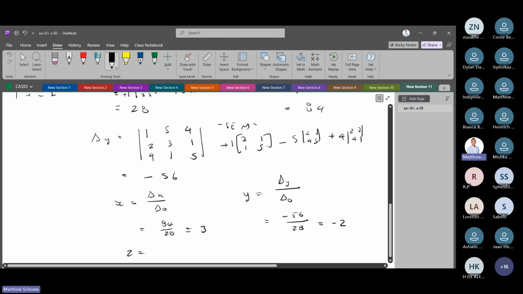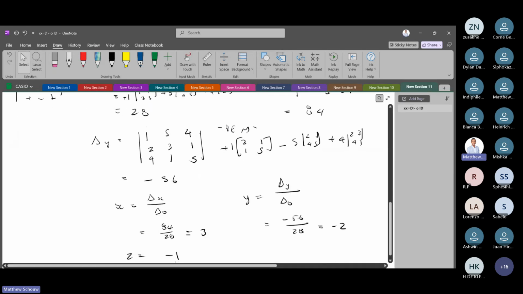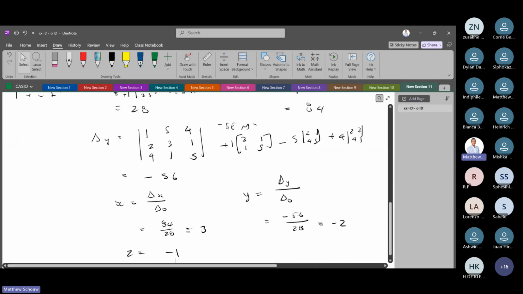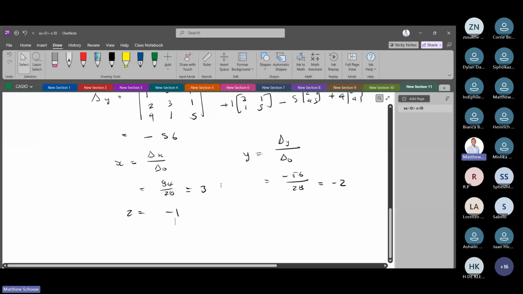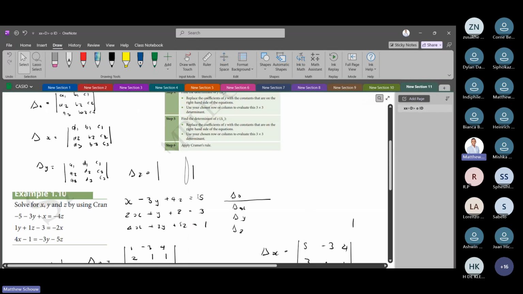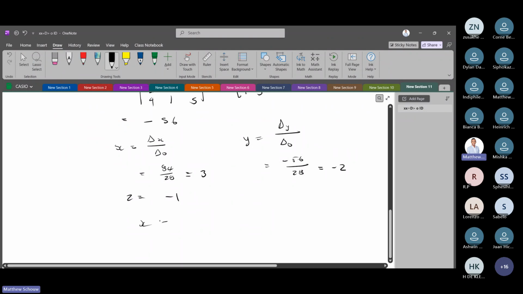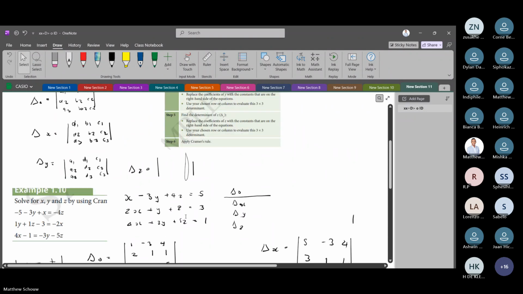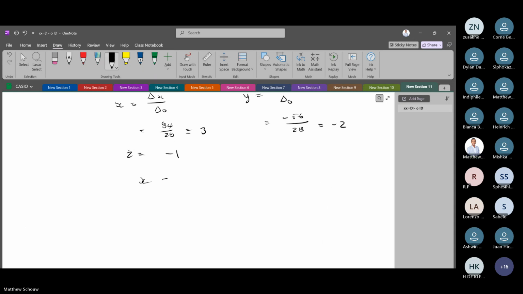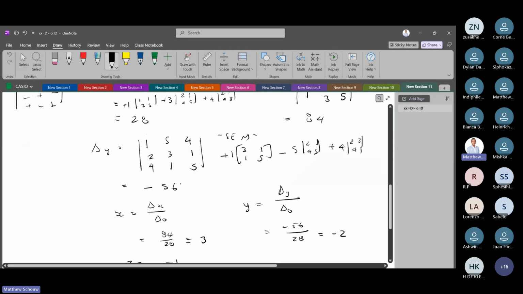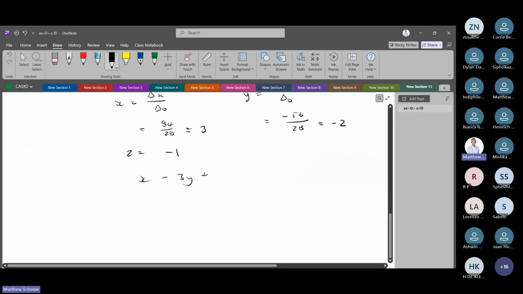And typically, they don't ask you to solve all three, which I do not understand why. But to verify if your answers are correct, it's just a case of plugging these three values, 3, -2 and -1, into these equations over here. So let me quickly show you. If it doesn't balance out, you know you're wrong. So it's x, -3y, plus 4z, that equals 5, I believe.